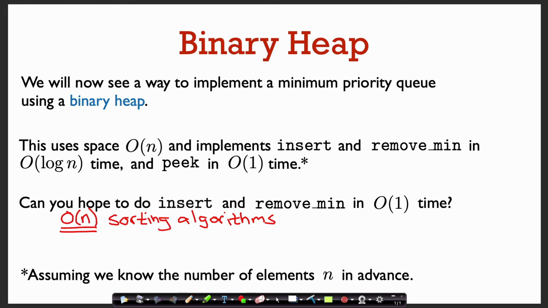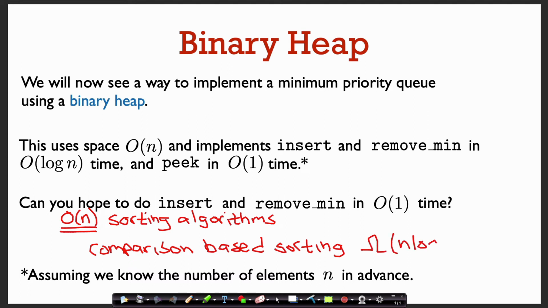So we know that comparison-based sorting, you actually need omega n log n time, okay? So you actually cannot have both insert and remove min in order 1 time with a comparison-based method, okay? So in that sense, this binary heap is nearly optimal in its implementation of insert and remove min.